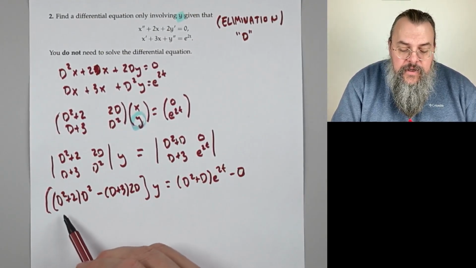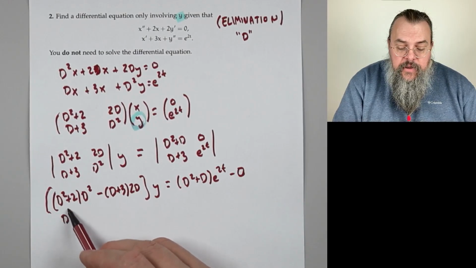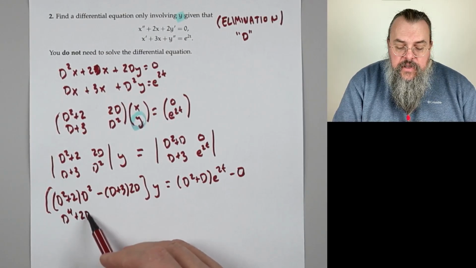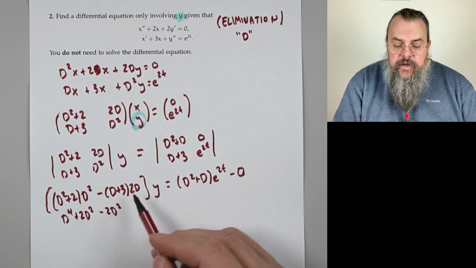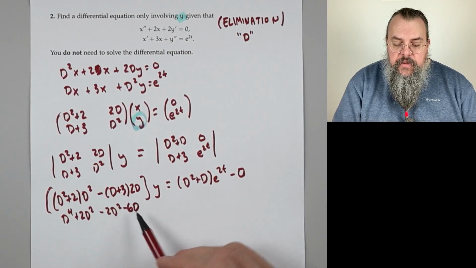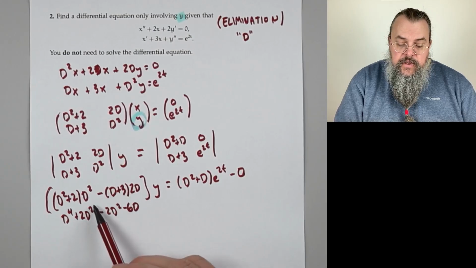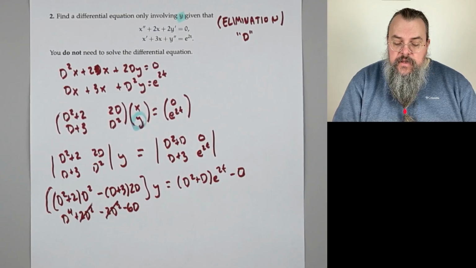Okay, so that would be d to the 4th plus 2d squared, and here you have minus 2d squared minus 6d, because you multiply through, and we get some cancellation, which is good.